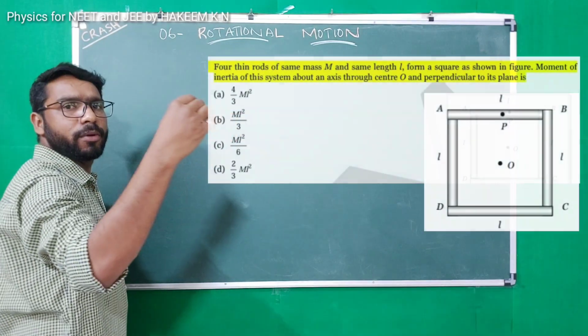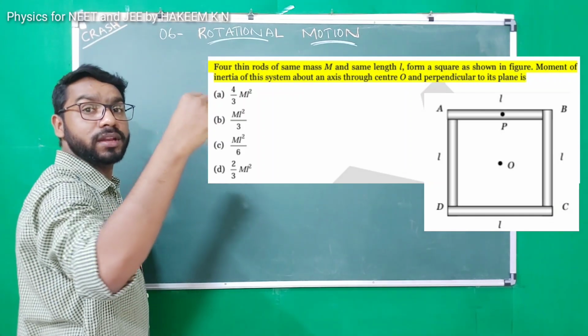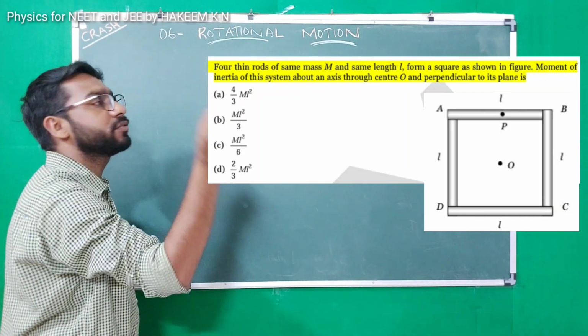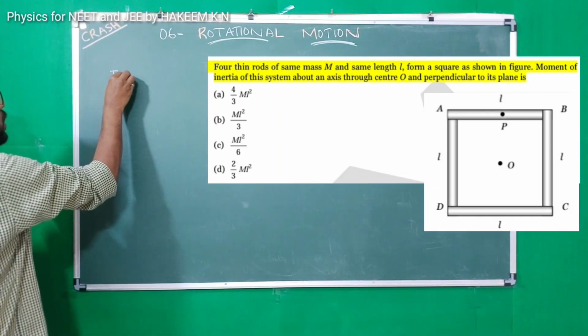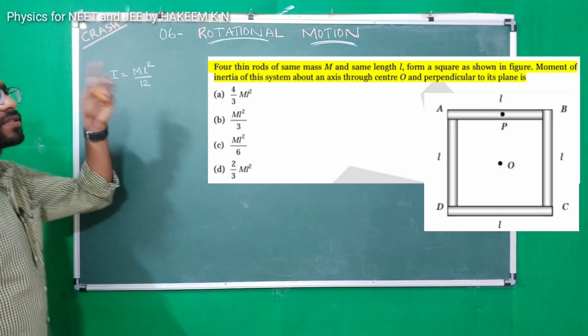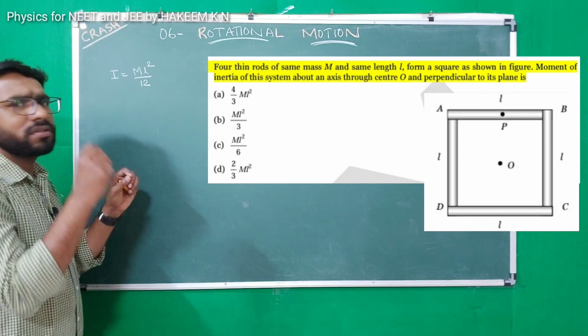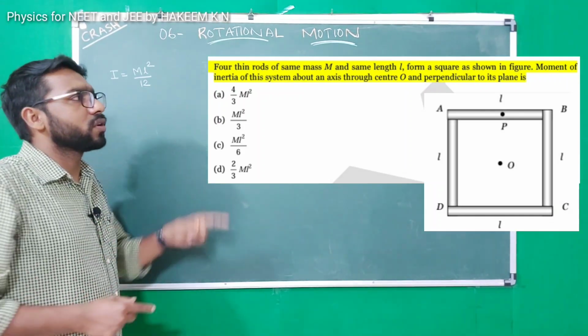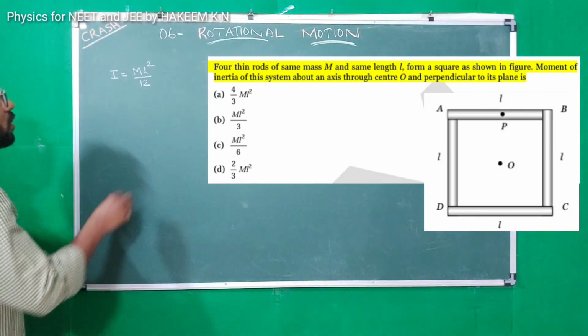Moment of inertia about the perpendicular plane through the center of mass of a thin rod is I equal to ML²/12, which we studied. Here the length is given as L, so ML²/12. So, due to a single rod, the moment of inertia at O perpendicular to the plane, what will be the distance?